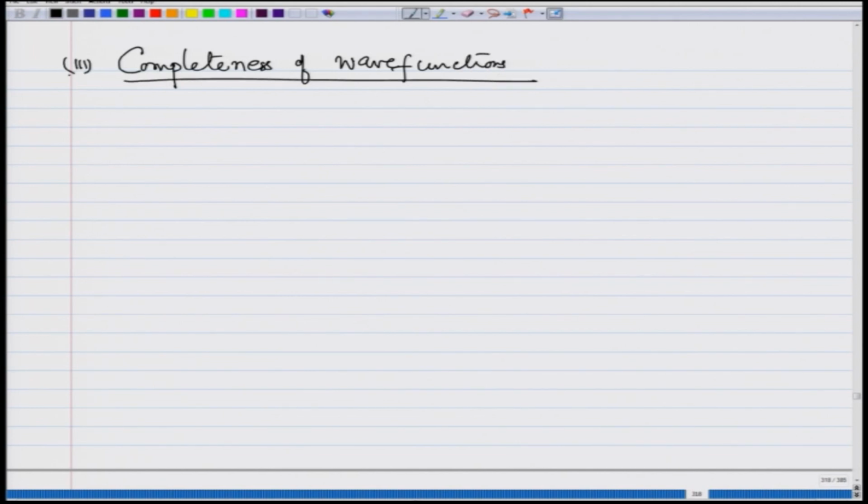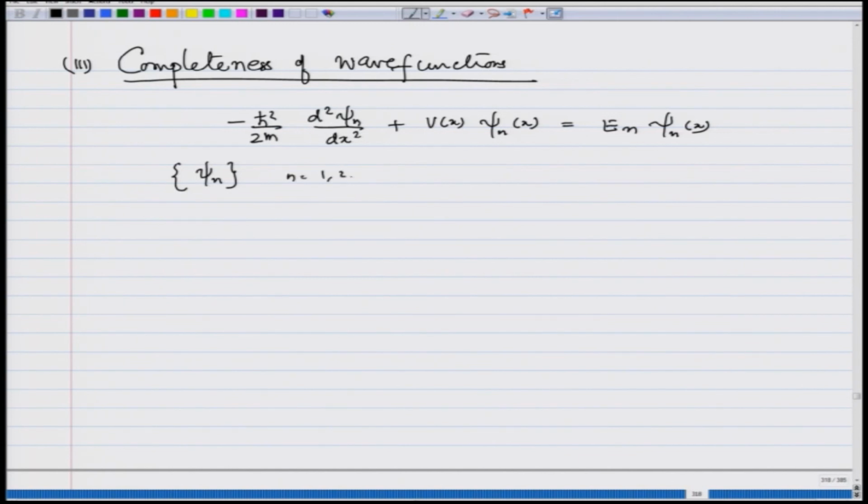This is the third property, and that is when I write the Schrodinger equation minus ħ² over 2m d²ψn/dx² plus V(x) ψn(x) equals En ψn(x), then the set ψn, where n runs from 1, 2 all the way up to infinity, is complete.